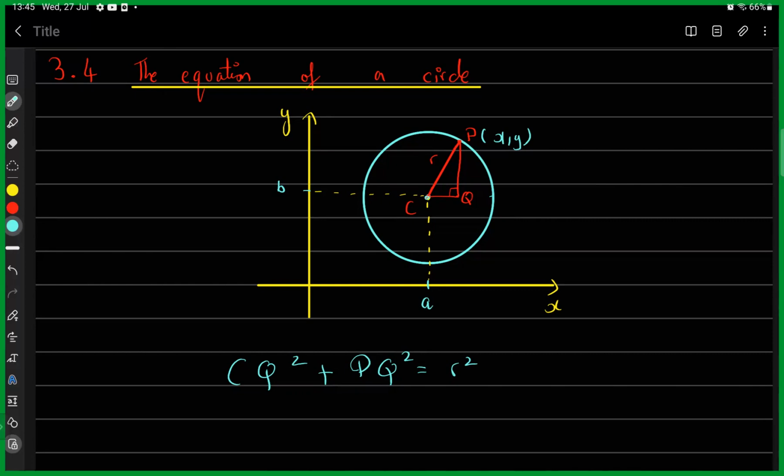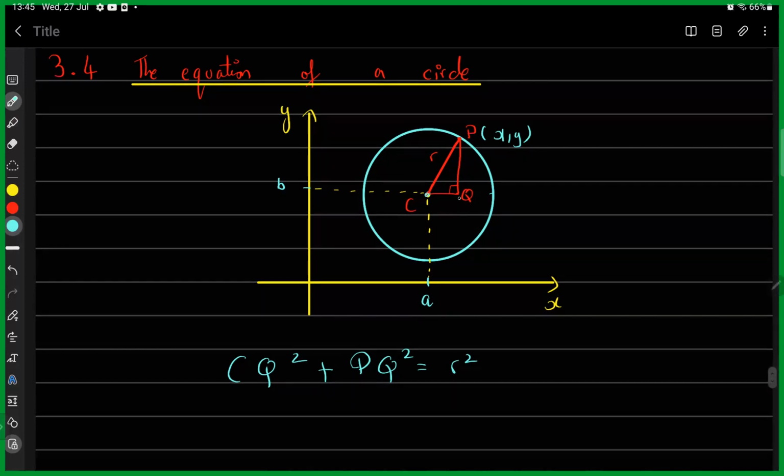So if that is X, Y, this point right here, again, has B as its Y coordinate and the X coordinate is going to be X. Because this is point Q and Q is basically coming from the same Y coordinate, that's why it's B. And since for P, I said that the X and Y coordinates are going to be X and Y because it could be anywhere on the circumference, Q is basically coming from the same thing. Do you get the idea behind the coordinates of Q?